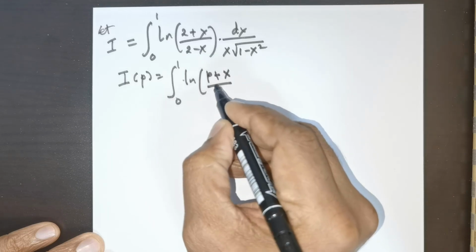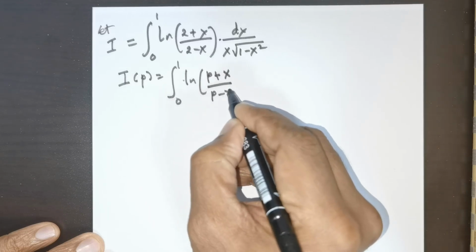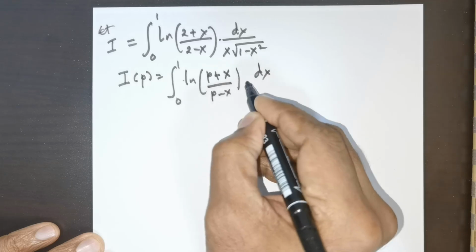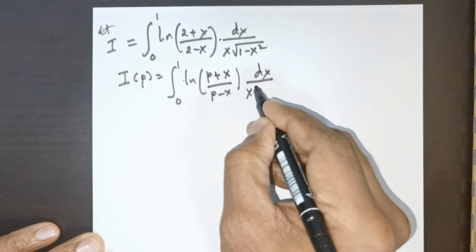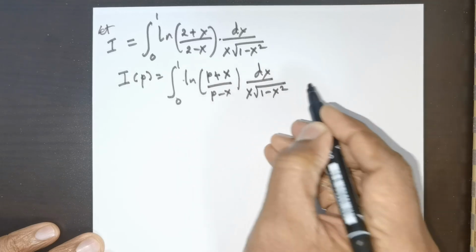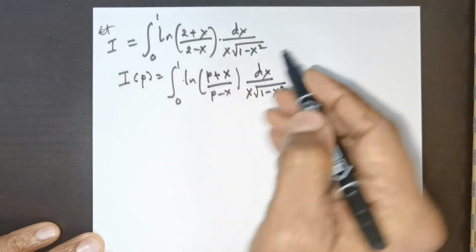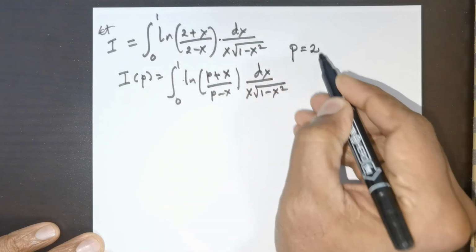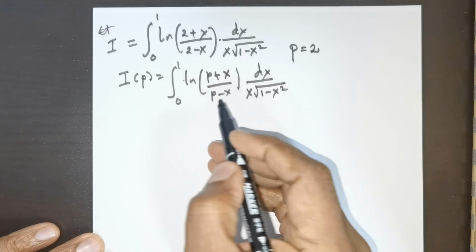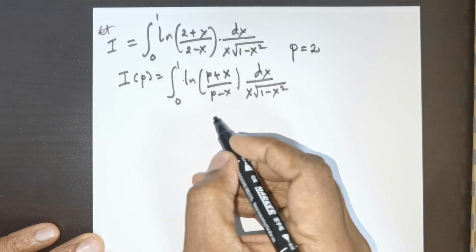So this is rewritten as (p + x)/(p - x) times dx over x times the square root of 1 - x squared. Now in this case the value of p is equal to 2. So that is a special case.